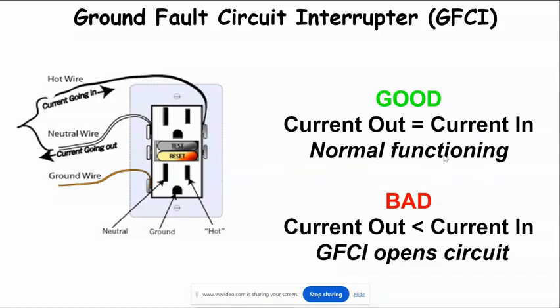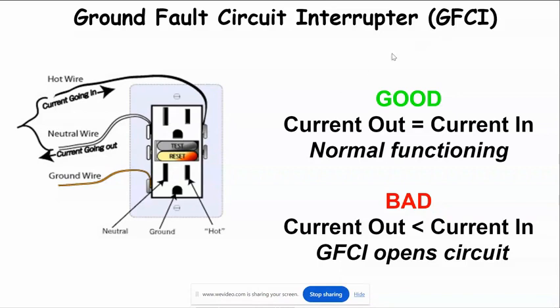That's normal functioning. However, let's say you drop your hair dryer into the sink, and all of a sudden some of those amps going in go through the water in your sink to ground, and they're never coming back through the outlet. If these two currents aren't equal to each other, that's bad, right? You have more amps going in and less coming out.